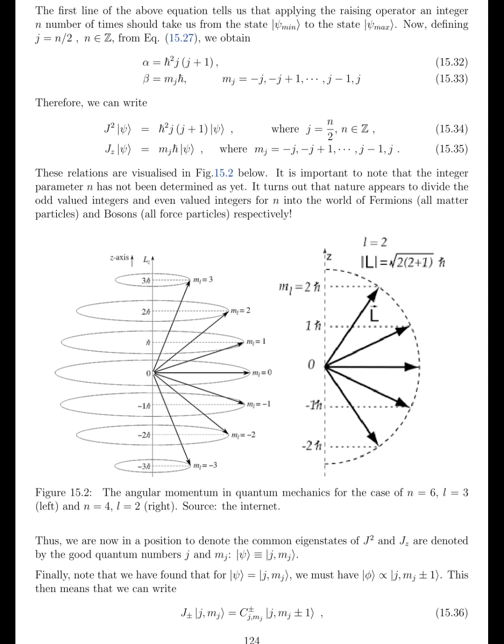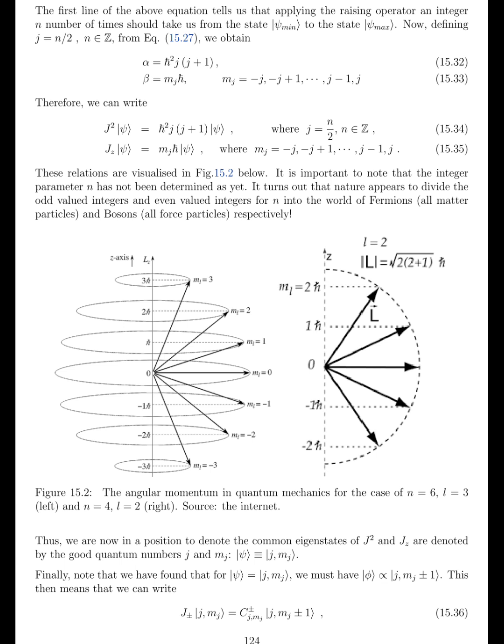Since I think of J square as the sum of Jx square plus Jy square plus Jz square, it's not hard to convince yourself that maybe this can be something like the square of some object again, times h bar square. But it's not. So in the quantum world, there's a small twist there. It's j into j plus 1.